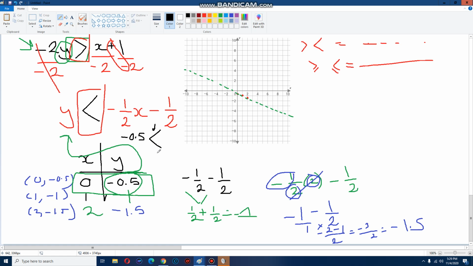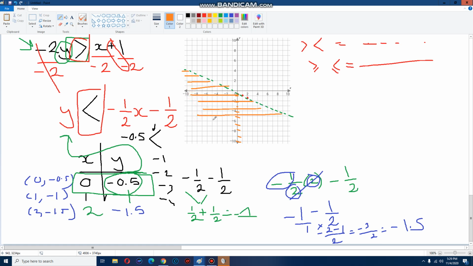What numbers are smaller than minus 0.5? Well, minus 1, minus 2, minus 3, minus 4. They're all smaller than minus 0.5. So let's go back to our y over here. Minus 1, minus 2, minus 3. All these numbers are smaller than minus 0.5, which means this is the region you shade.